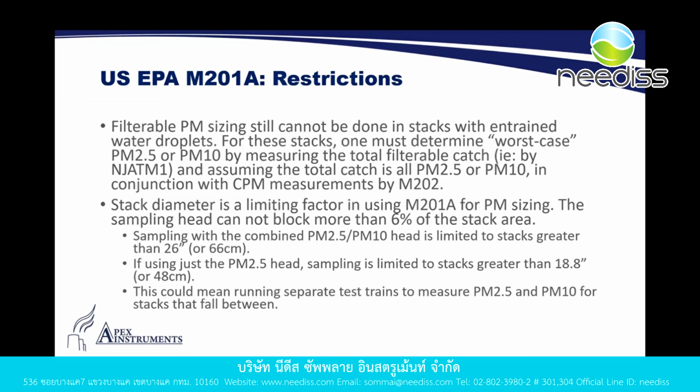Now again, sometimes we have no choice. The stack size is the stack size and we must proceed. So what happens here in the US is typically our customers will get local EPA approval to do what would be considered a variance, a change in the method.